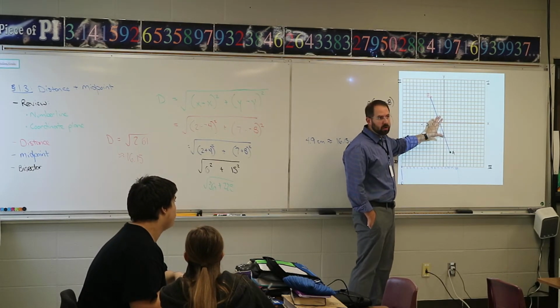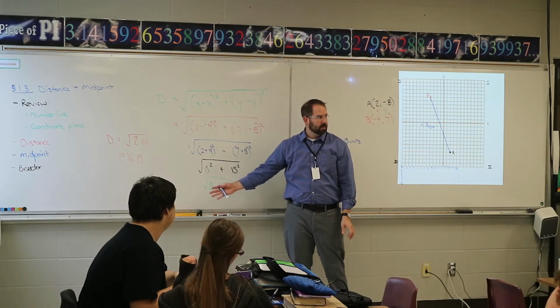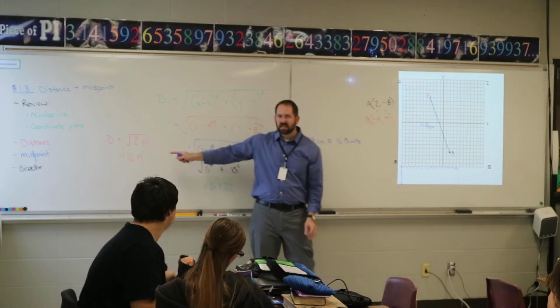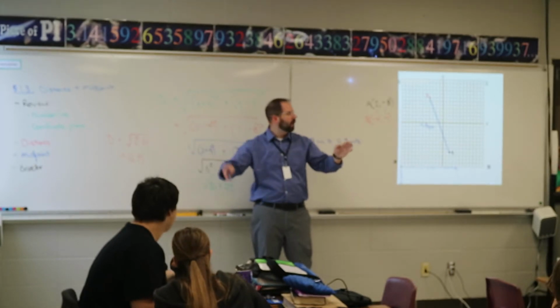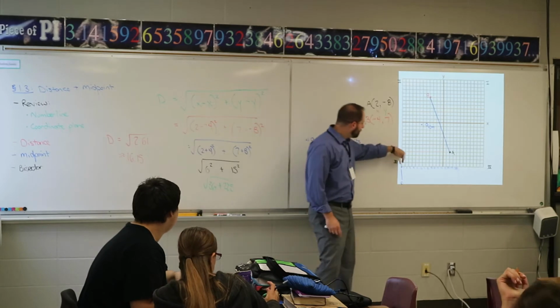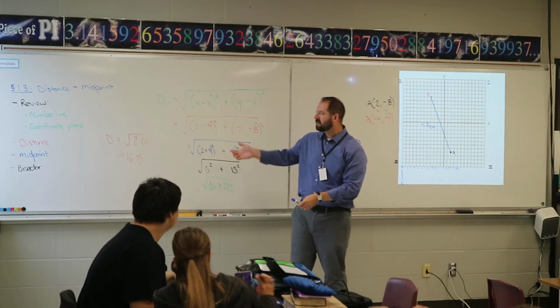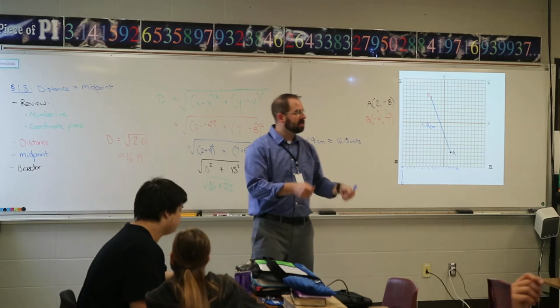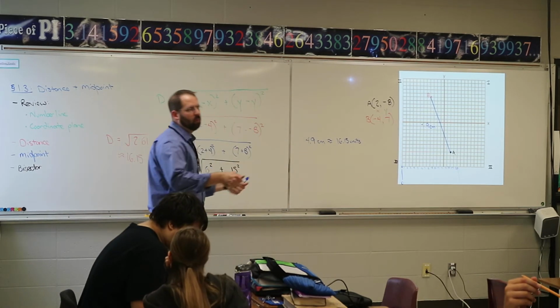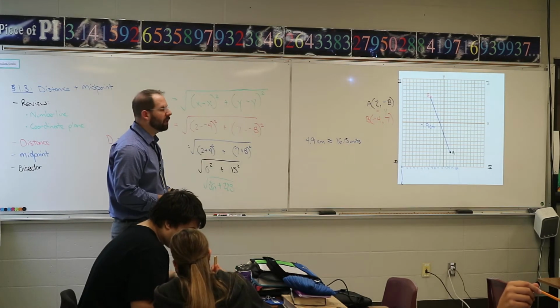I'm trying to show you that what we found with this formula is actually accurate. We found it was supposed to be 16 bricks long, and 4.9 centimeters is about 16 bricks. It's nice to know that the formula is giving you a correct answer. It is exactly 16.15 bricks long, or 5 centimeters roughly.